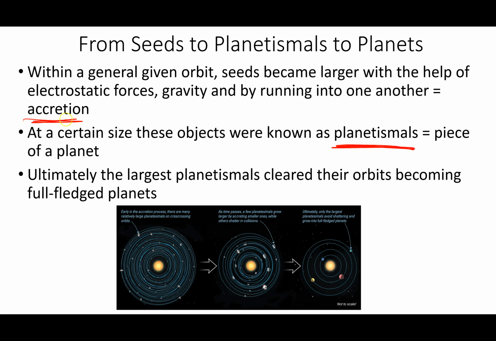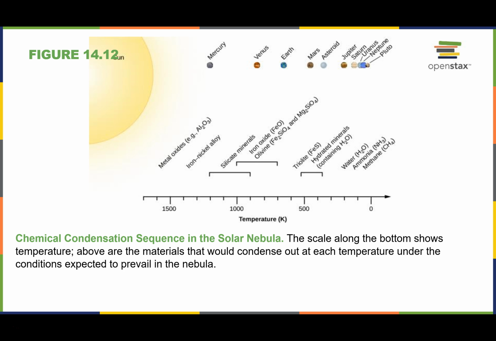Accretion is the snowball process. Sometimes those terms will make it to my test. Notice that it's not just a gravity thing, it's also electrostatic, and also simply running into each other to get bigger and bigger.